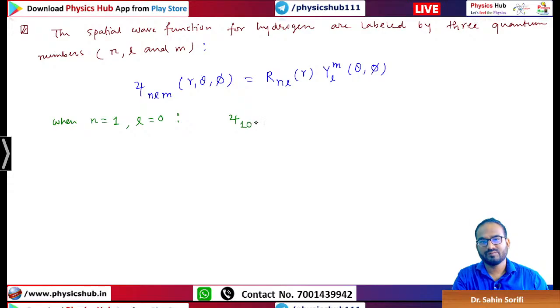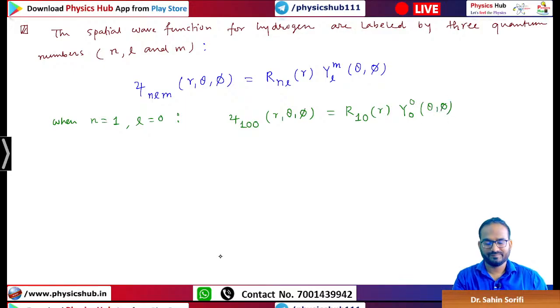If l equals 0, m will obviously be 0. So psi 1 0 0, a function of r, theta, phi, is R 1 0 of r times Y 0 0 of theta, phi. This is the ground state wave function.